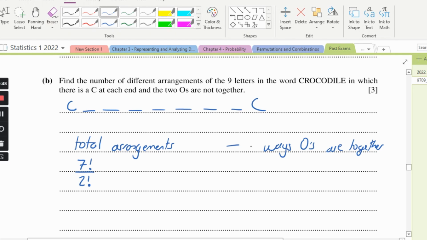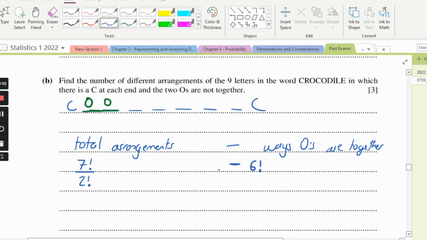Now, what about the ways that we join the O's together? Well, if we put the O's together, we can treat them like a block. So imagine this. It becomes like one letter, doesn't it? So then it would just be 6 factorial for the other letters.